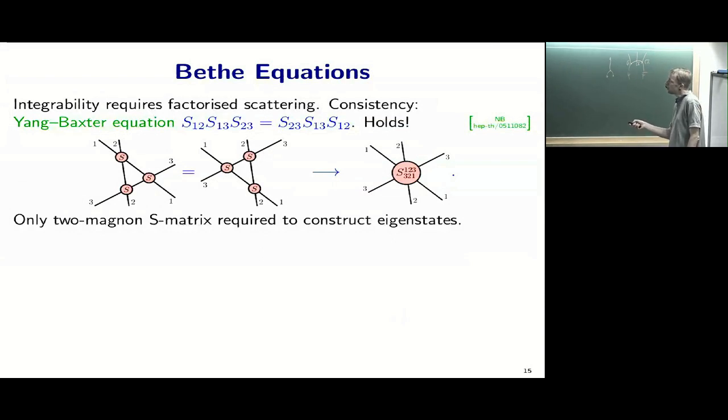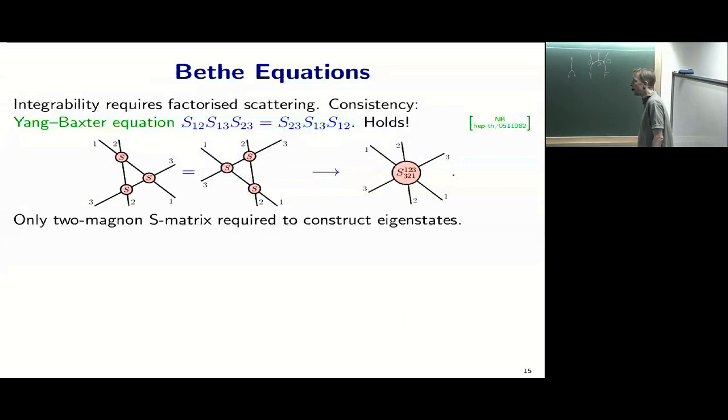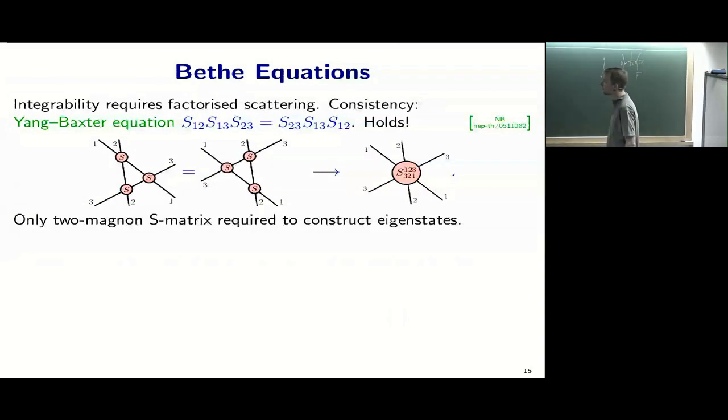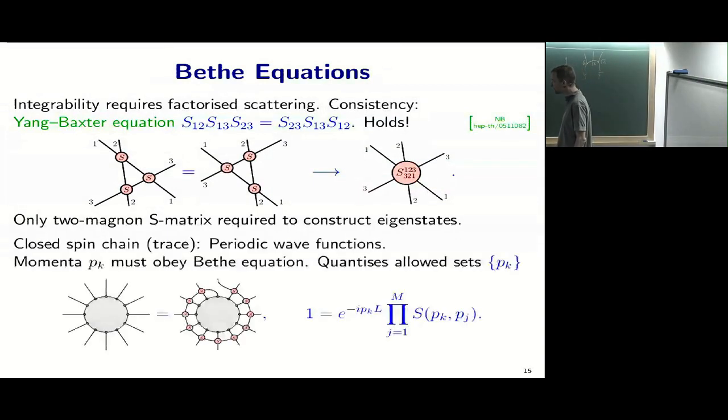That's just to say that if you want to factorize, say, this permutation process of 1 2 3 going to 3 2 1, then you can factorize this process in two different ways. And this sequence of two-particle scatterings needs to be the same in order for factorized scattering to make sense. That's the famous Yang-Baxter equation. And indeed, this two-magnon S matrix does obey the Yang-Baxter equation, even though it was just constructed by symmetry and it just happened to obey this rather complicated relation.